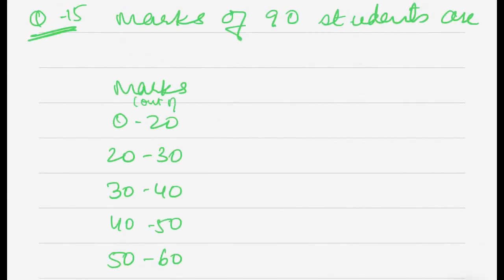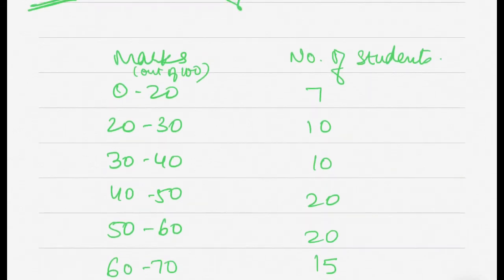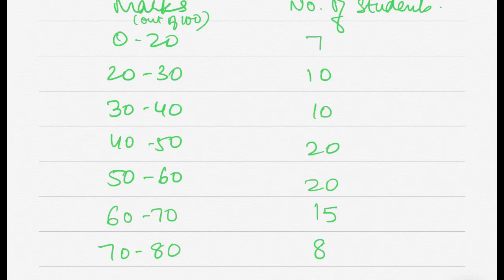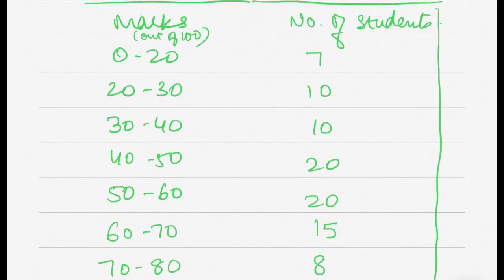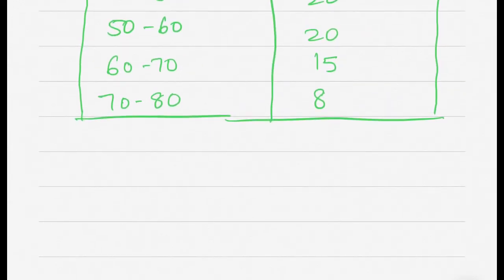Then the number of students, or I can say the frequency of those students, is equal to 7, 10, 10, 20, 20, 15, and 8. So this is my table of marks.